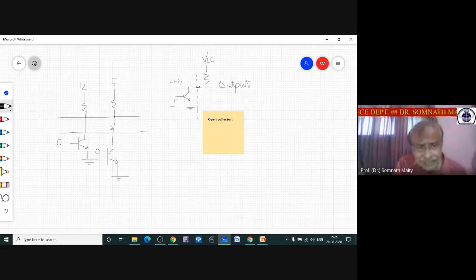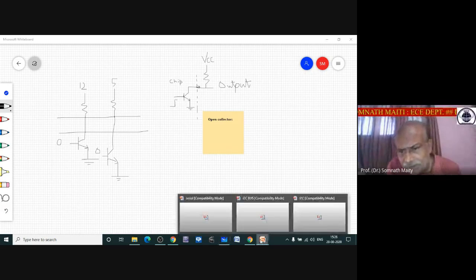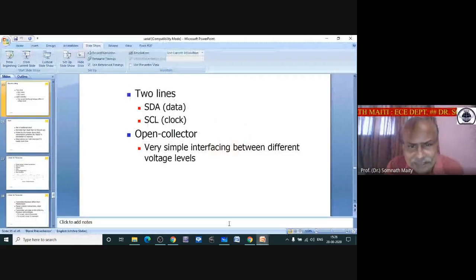In that case, it will pull down the voltage of all in this line to 0 volt, because if this transistor is on, collector to emitter voltage will be almost 0. So it will pull down the voltage of all other devices. This is the beauty of this circuit, open collector: very simple interfacing between different voltage levels.